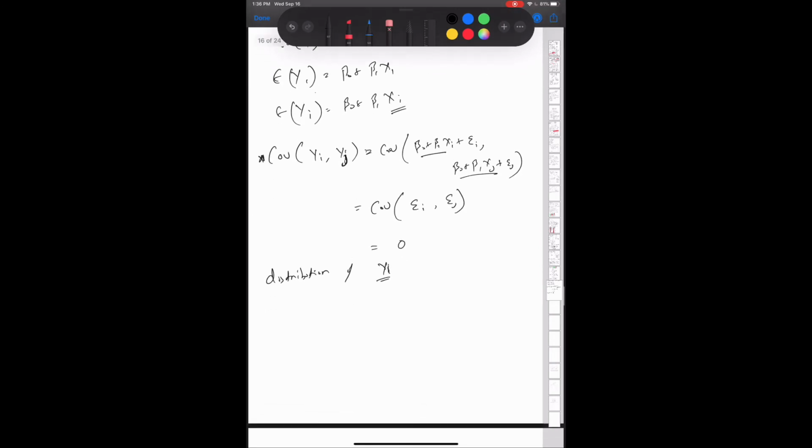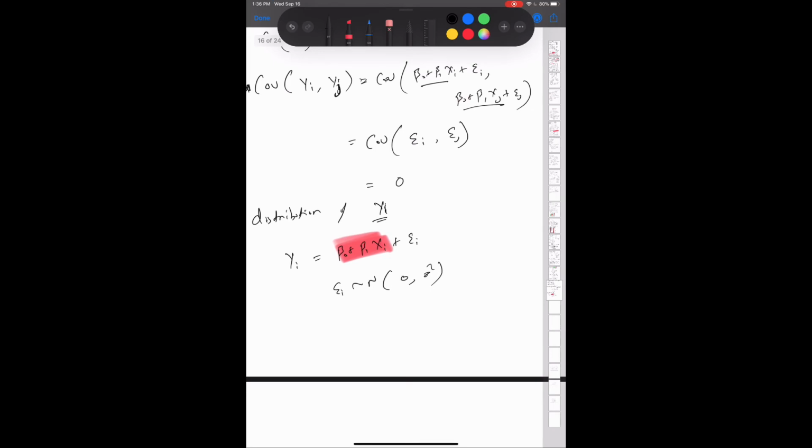So yi is beta 0 plus beta 1 xi plus epsilon i, and epsilon i is a normal random variable with mean 0 and variance sigma square. When I'm adding a constant to a normal random variable, what happens?